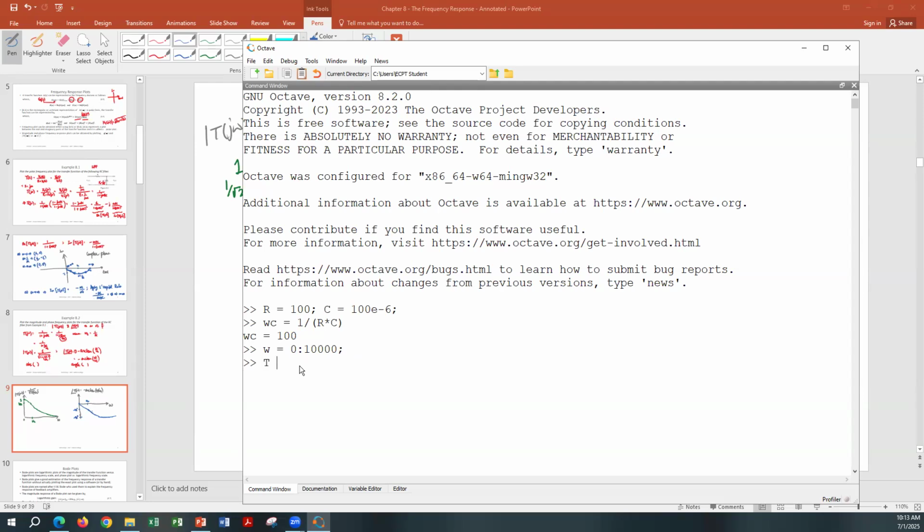And then you have the equation for t, 1 divided by 1 plus j times omega divided by omega c.